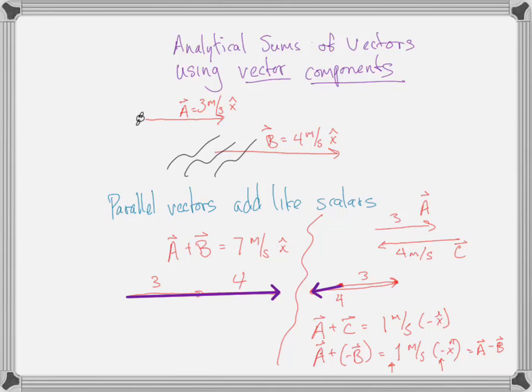But you don't want to put it in both places if it doesn't belong in both places. Because, again, here's another aside. Minus 3 x hat is the same as 3 in the minus x hat direction, which is not the same as minus 3 in the minus x hat direction.